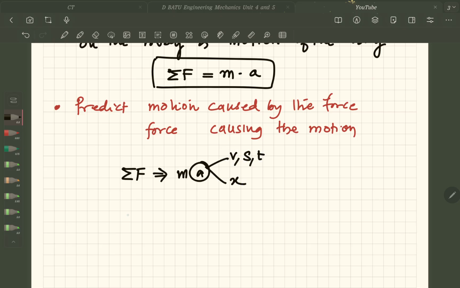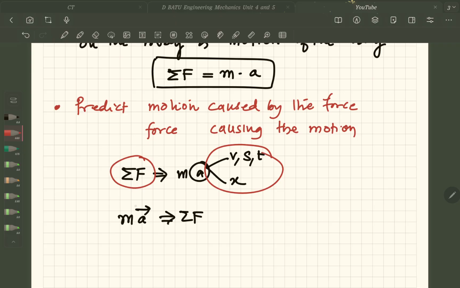Or in the other case, they will give you the values of acceleration and ask you to calculate the forces. So either this is known to you and you have to calculate these parameters, or this is given to you and you will be asked to calculate the forces. In both cases, we are going to make use of kinetics. So these are the two basic parts of dynamics: one is kinematics and the other is kinetics.